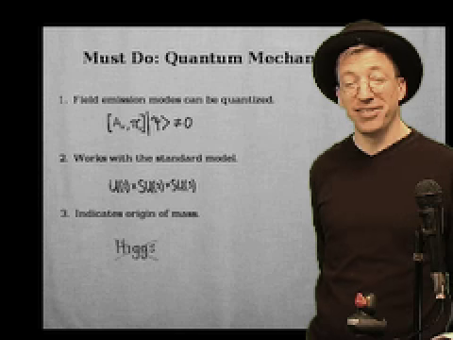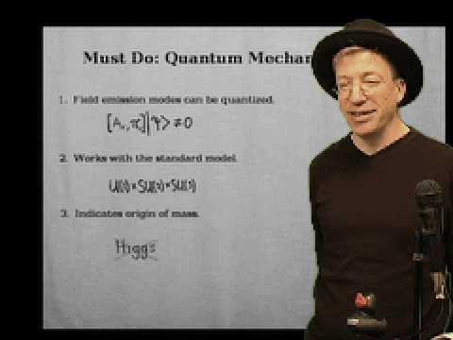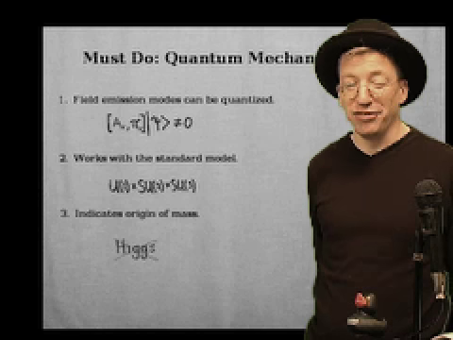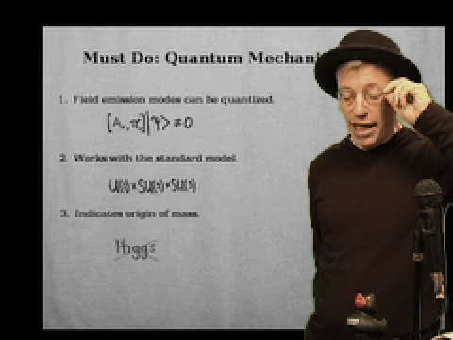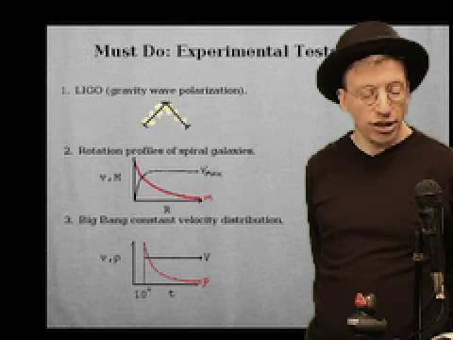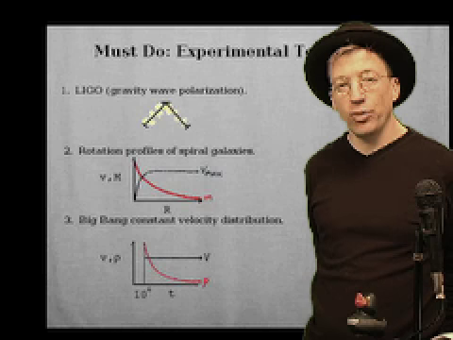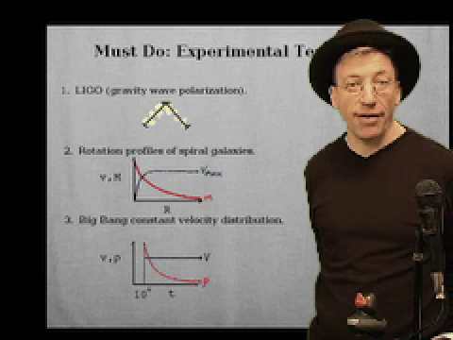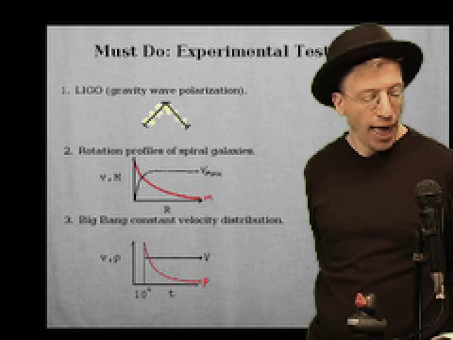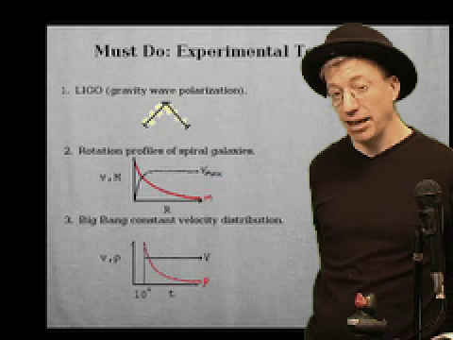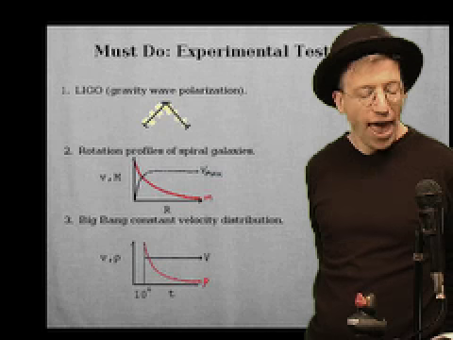That's a big hurdle to clear, but hey, physics is tough. Now, what do we need to accomplish as far as experimental tests? Well, we are doing a lot of work to try and detect gravity waves. And we want to see if this theory predicts anything about those types of results.